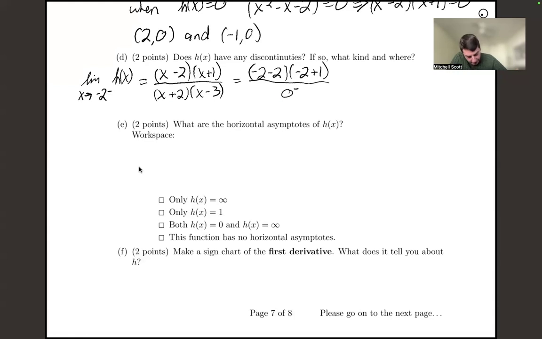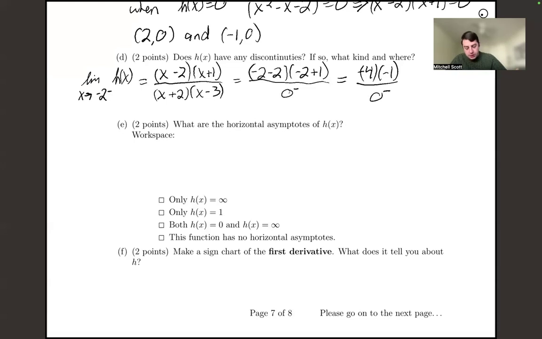So minus 2 is going to equal minus 4 times minus 1 over something slightly negative.